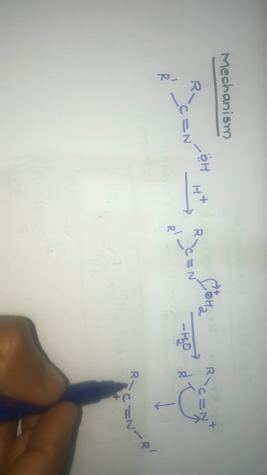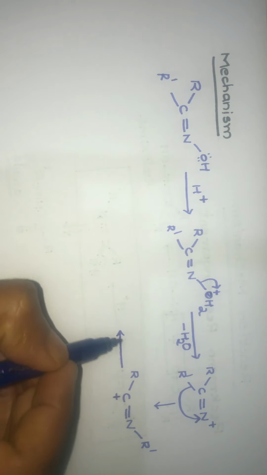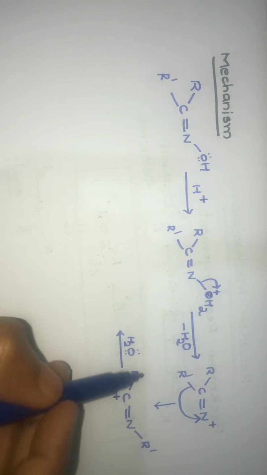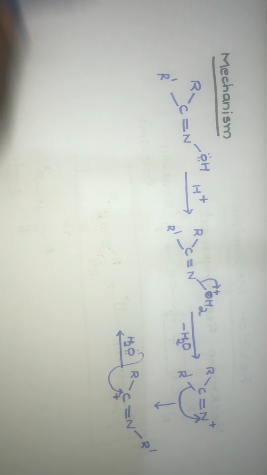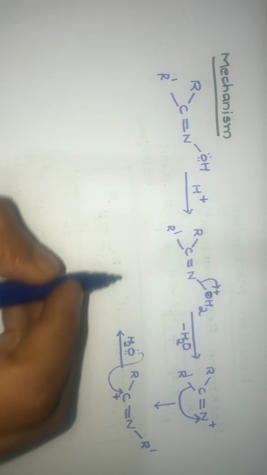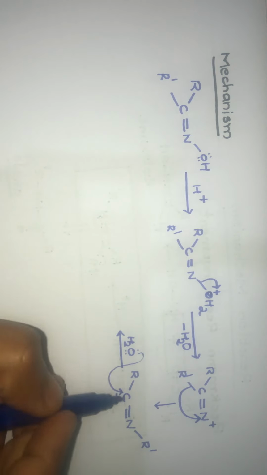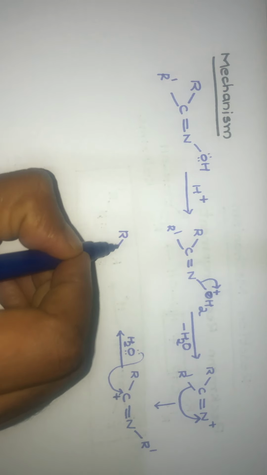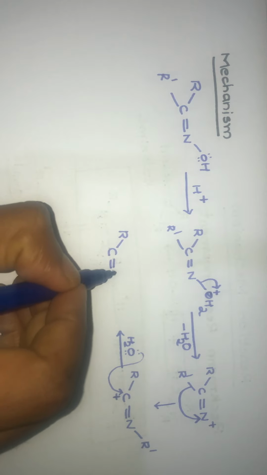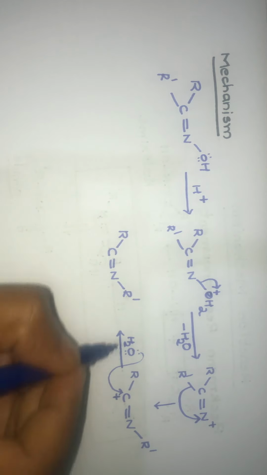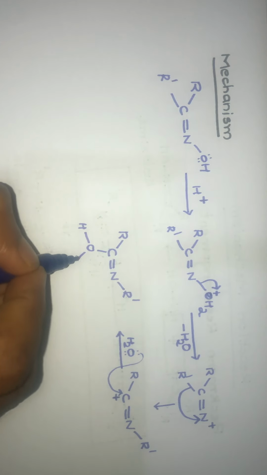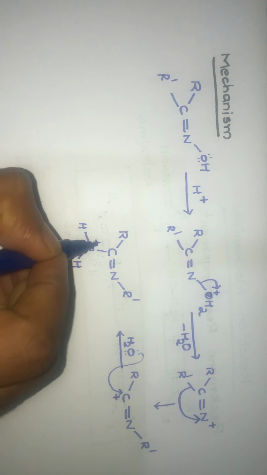So then what happens? You know that water was initially lost in the reaction. This water contains oxygen lone pair. With this, it attacks this carbon, resulting in the formation of an oxygen carbon bond here. So this is formed: R C double bond N R dash as usual, with this water, that is oxygen, hydrogen, hydrogen, plus charge.